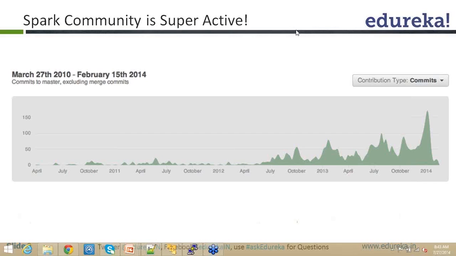This is another exciting thing, and there are already companies like Ooyala, and several others, which are using Spark and Storm in parallel in their production systems.